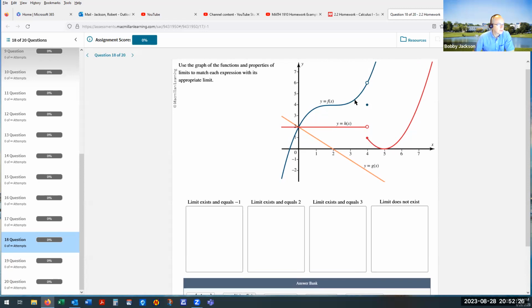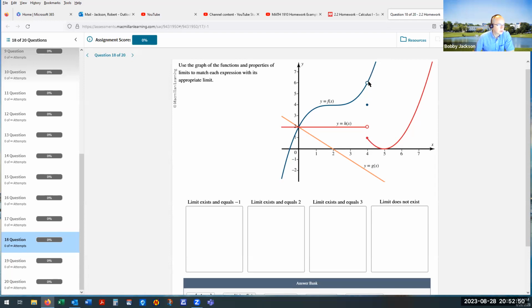Well, as we approach it from the negative side, from below, then we're going along this curve. As x is 3.9, we're up here, 3.99, we're up here, getting closer and closer to this hole, which has a y coordinate of about 6. So the limit from the left is going to be 6. Now we approach 4 from above, from the positive side, from the right. We're coming down here.